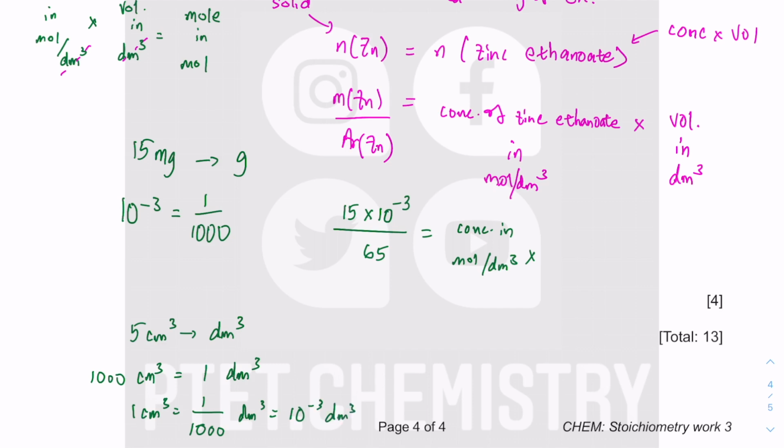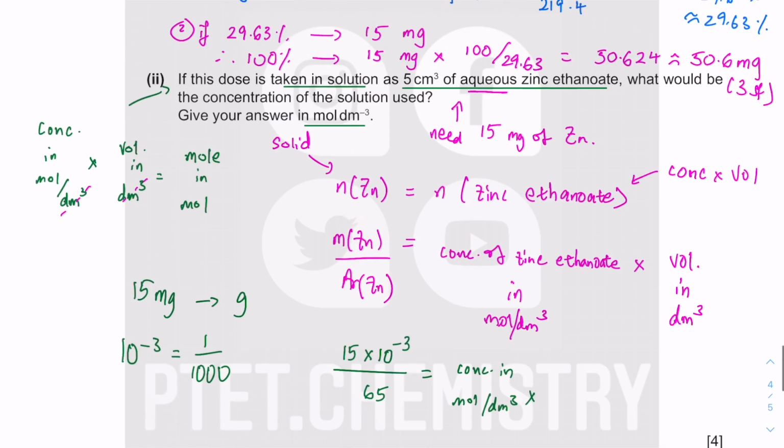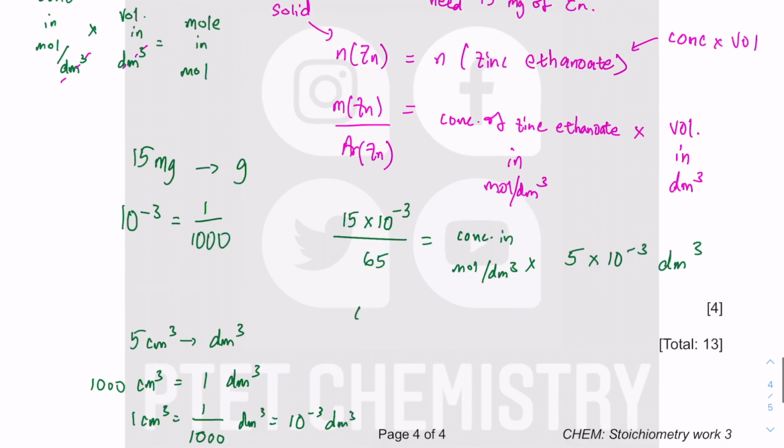So what I could do is the volume, which was given as 5 cm cube, so I could do 5 cm cube times 10 to the minus 3. This becomes dm cube. Therefore, the concentration in mole per dm cube is equal to 15 times 10 to the minus 3 over 65 times 5 times 10 to the minus 3.